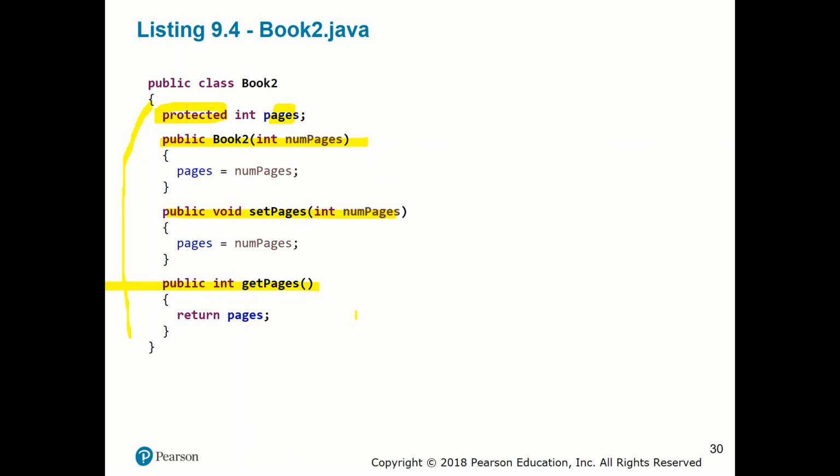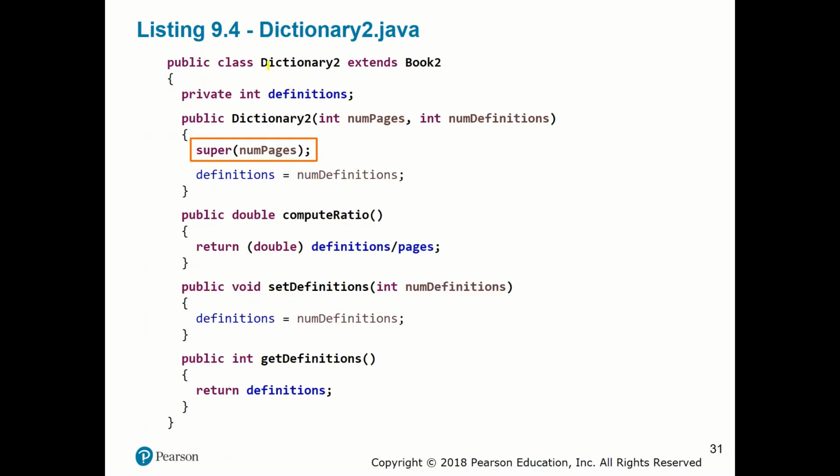And then Dictionary2 class extends Book2, so a parent and child relationship exists here. In the constructor of the child class Dictionary2, the super keyword is used. Then the Book2 constructor will be called. This is the important part in this example, and the rest is the same.